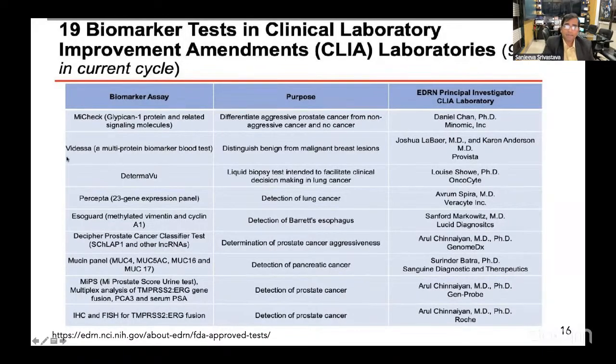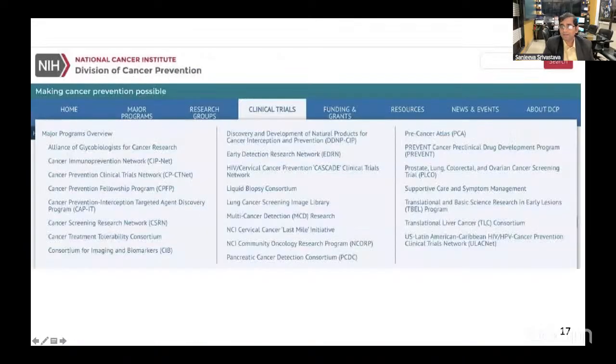Some tests being done, like a Vidisha test for breast cancer based on a 19 protein biomarker panel. And there are many other success stories, which I don't have time for, but you should follow them up and see many biomarkers reaching clinical translation, and get more detail and overview from the NIH NCI website directly. So I'll just stop it here.